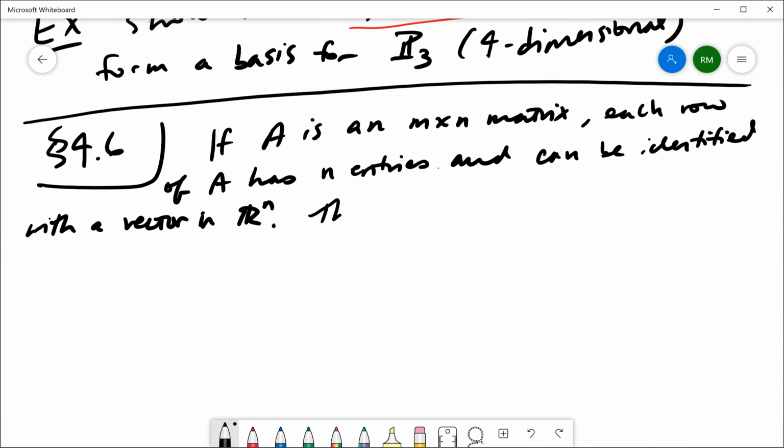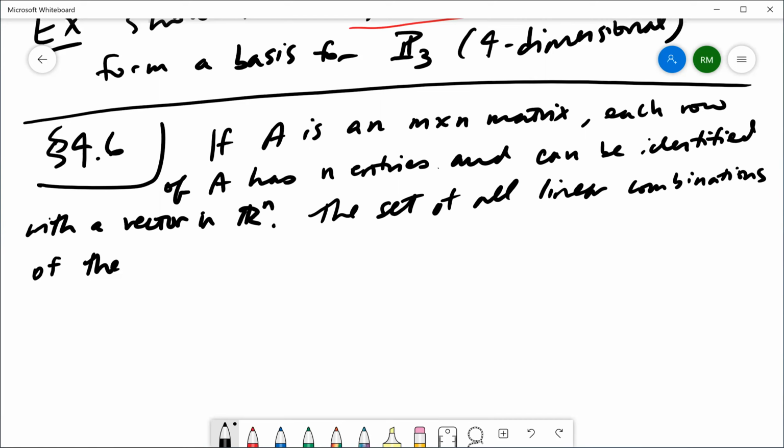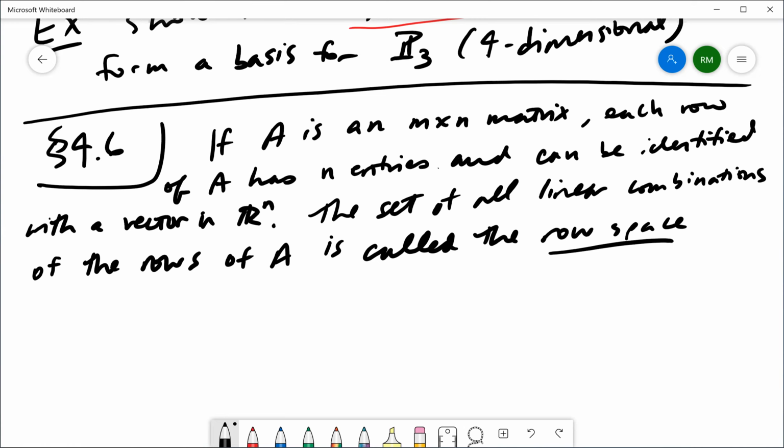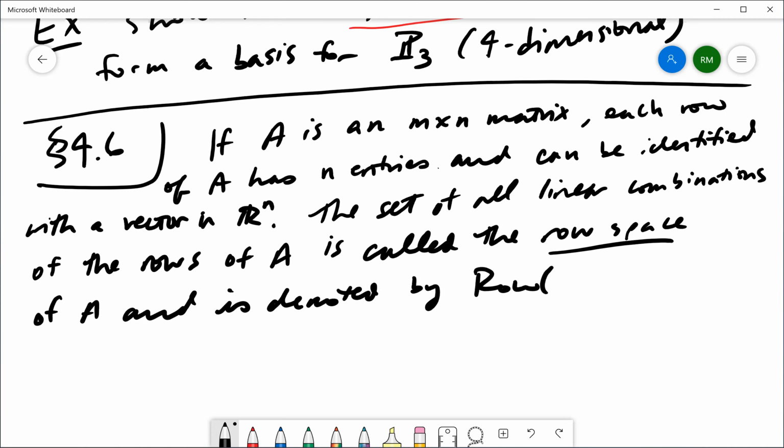So the set of all linear combinations of the rows of A is called the row space of A, and is denoted by this notation right here.